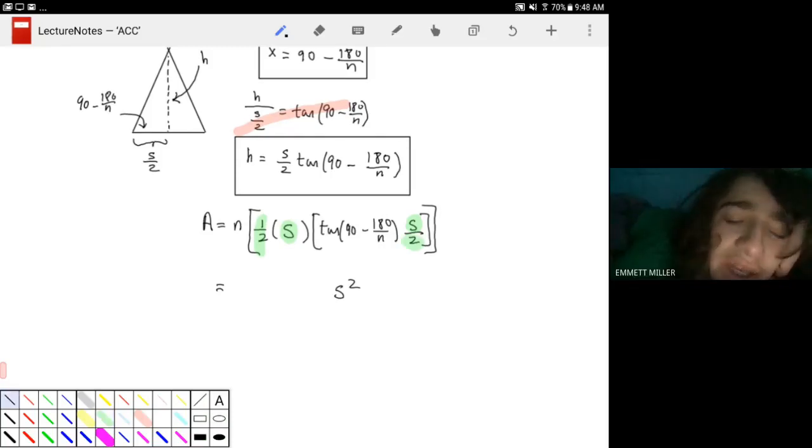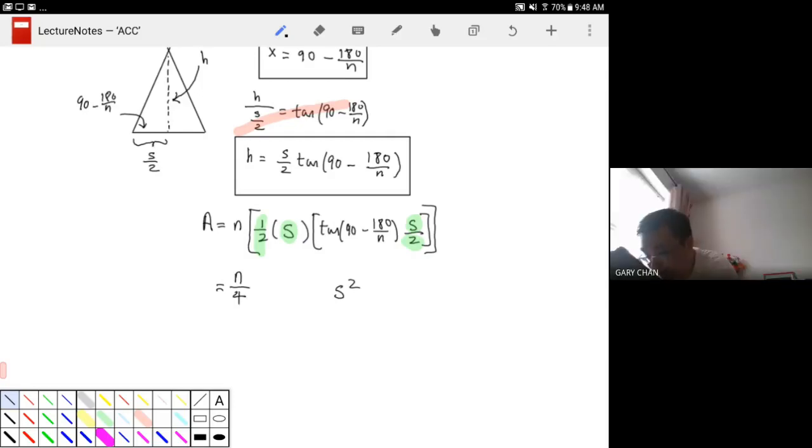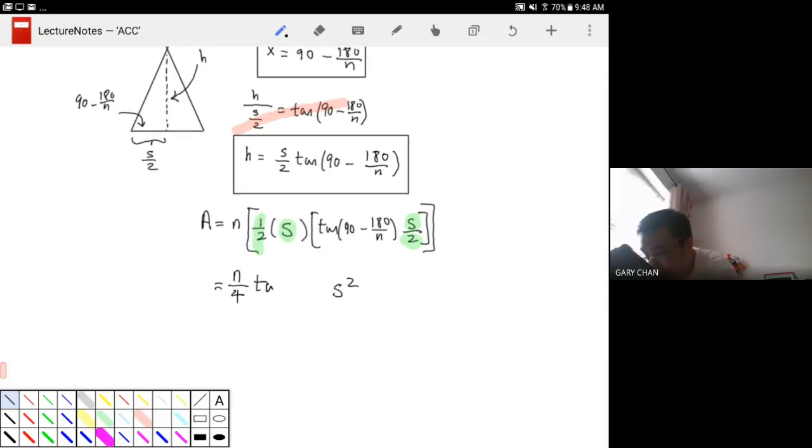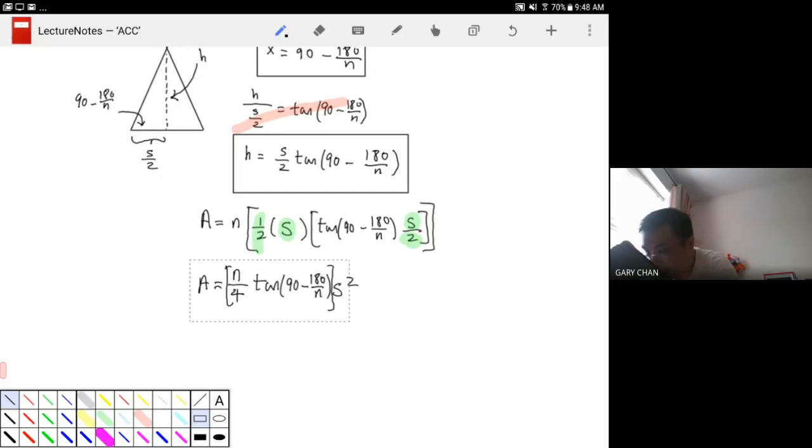But then, can you make it n over 4? You can. So it's n over 4 times S squared times tangent of 90 minus 180 over n. So this, gentlemen, is the area formula for any regular polygon with a side length of S.